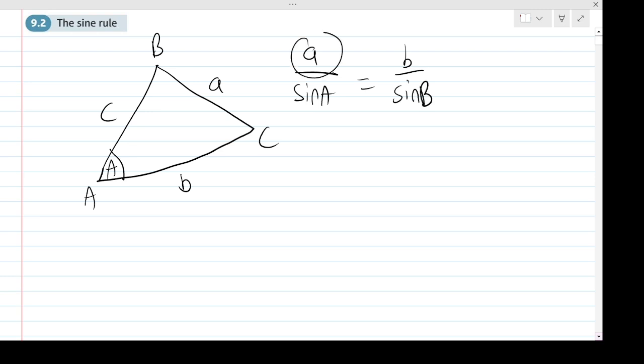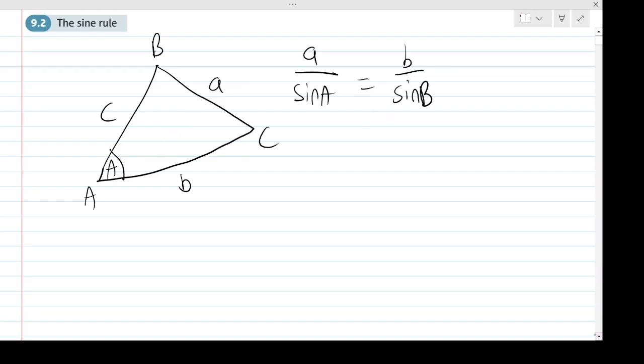Meaning, one length and the opposite angle. So the angle A here is facing the side little a. So the side over its opposite angle, a over sine A, is the same as another side versus its opposite angle.